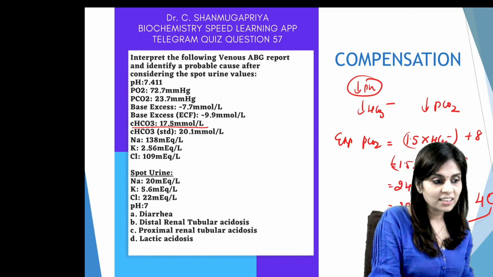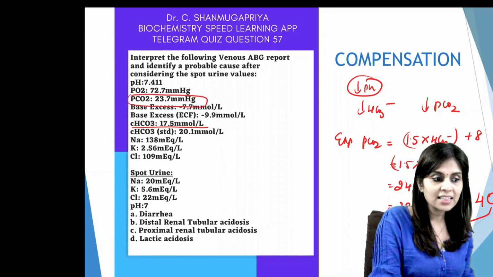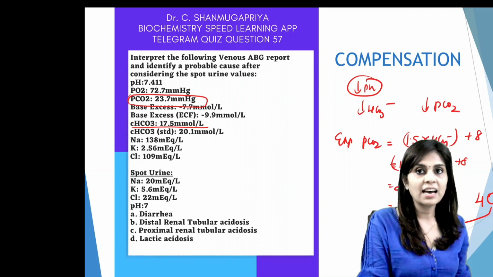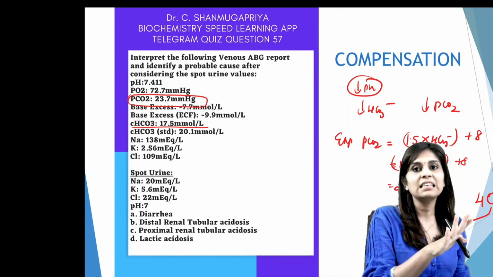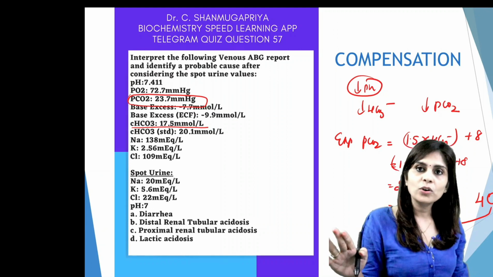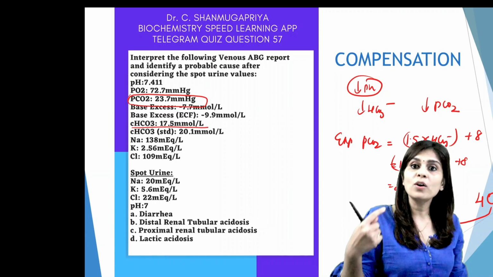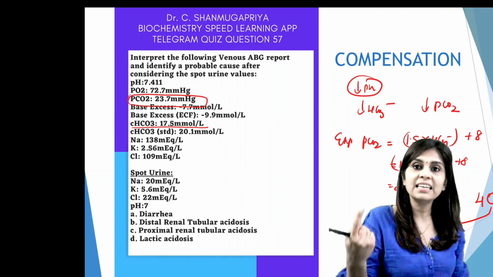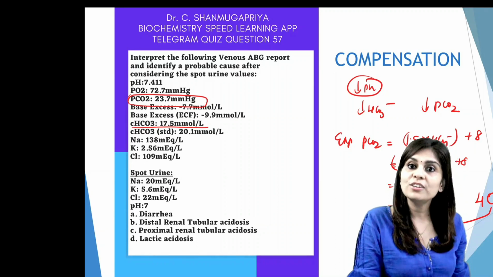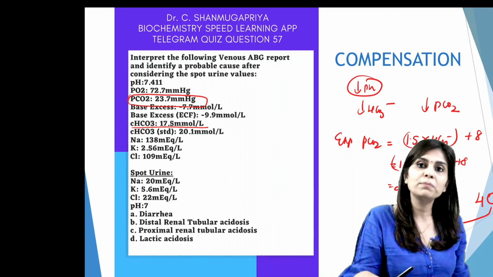But in this case, PCO2 is much less than that. Does this mean your body has overcompensated? As I've told you in the 4th video of this series, overcompensation is never possible. Yeah, your body never overcompensates. So if you find an overcompensated state, it means there is a hidden acid-base disorder. And which hidden acid-base disorder do you think will cause a further drop in PCO2?